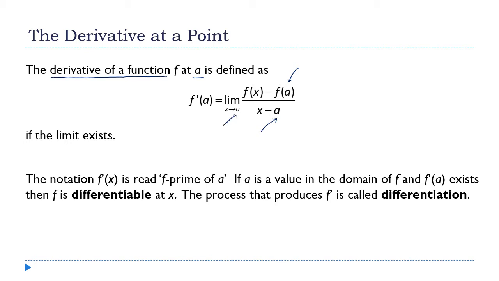Okay, so now we've got some language here. The way we read this symbol, and you notice I've got that little apostrophe added in there, is f prime of a.